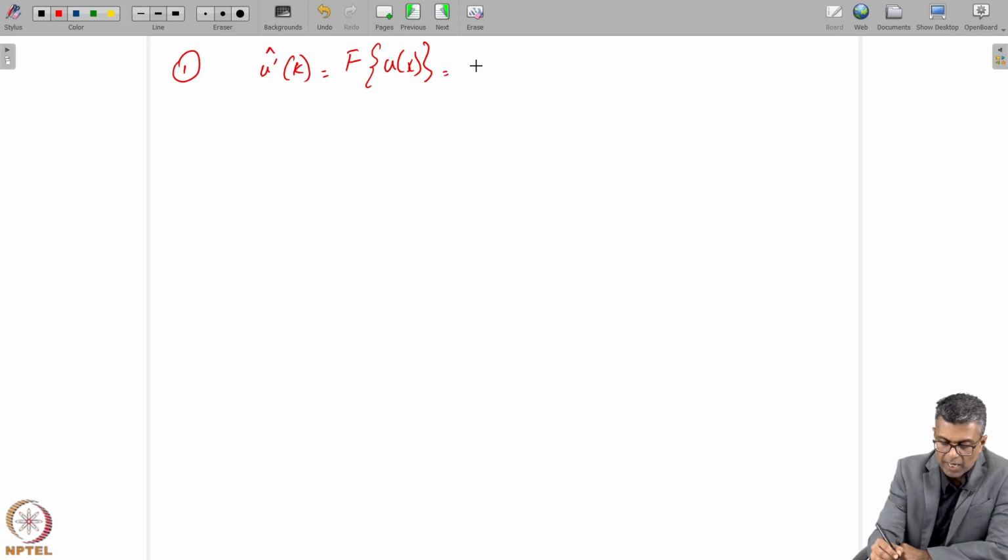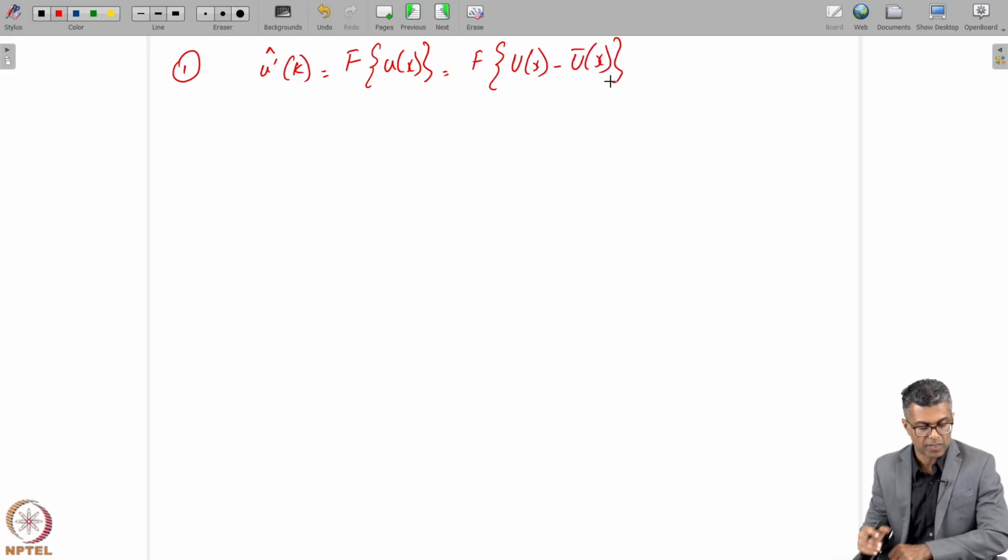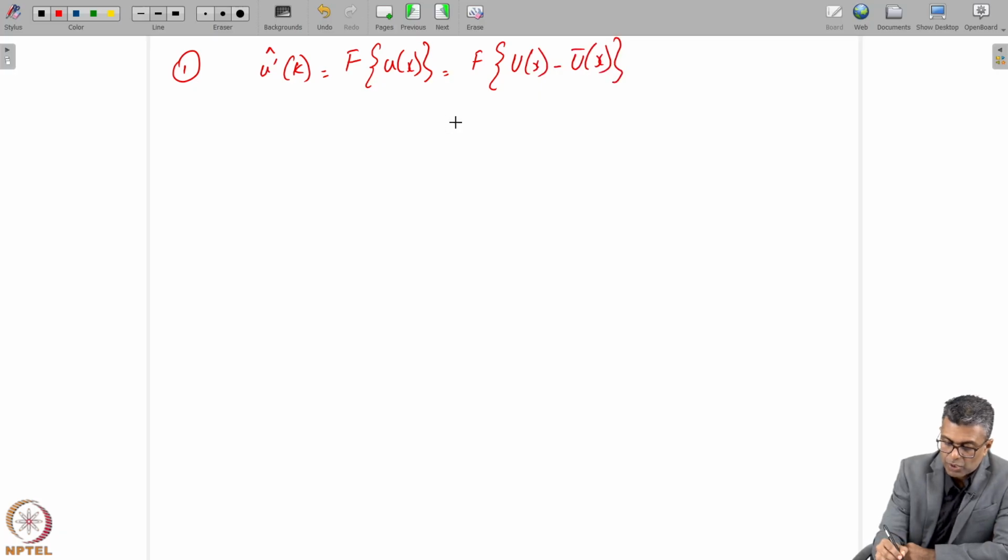Now, if I define the residual as the instantaneous random variable minus the filtered variable, that's how it is defined by definition of LES, that's the filter decomposition. So then all I need to do is take the Fourier transform of u of x separately and of u bar of x separately.